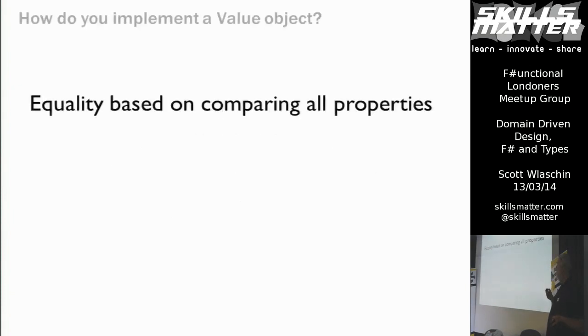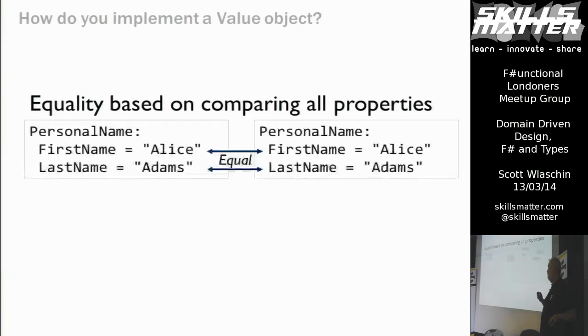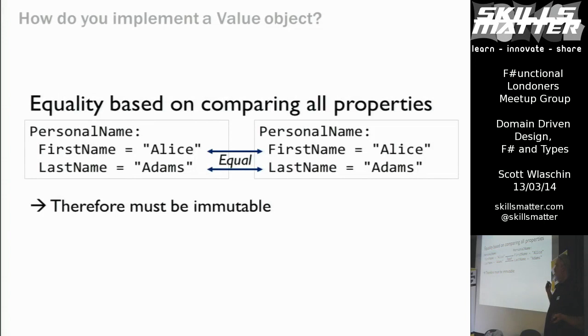So for value objects, equality is based on comparing all the properties in the object. So, for example, if you have two personal names, if the first name and the last name are the same, it's the same thing. Even if they're different objects with different pointers, different references, they're the same object, they have the same value. So strings are a good example, and integers are a good example, and a personal name should also be that. And automatically it has to be immutable, because if you change it, it's a different object.